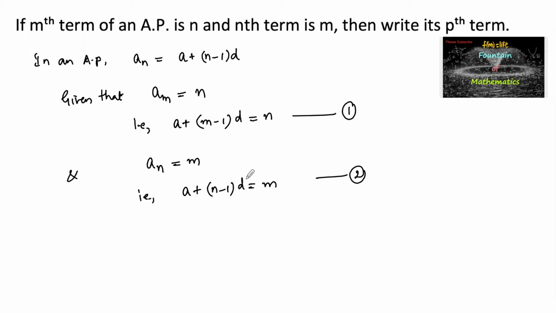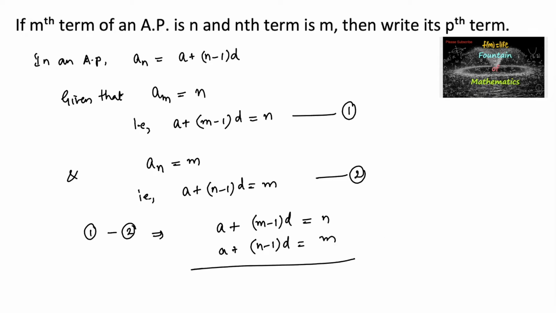So solving 1 and 2, or subtracting, equation 1 minus equation 2, which implies a plus m minus 1 times d is equal to n, a plus n minus 1 times d is equal to m. Subtracting both, a and a get cancelled, and here m minus 1 minus n minus 1 times d is common, which is equal to n minus m.